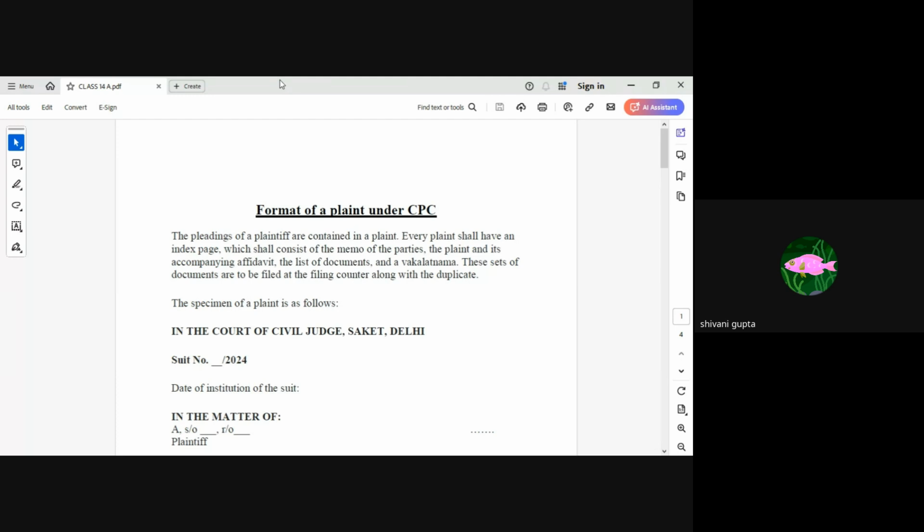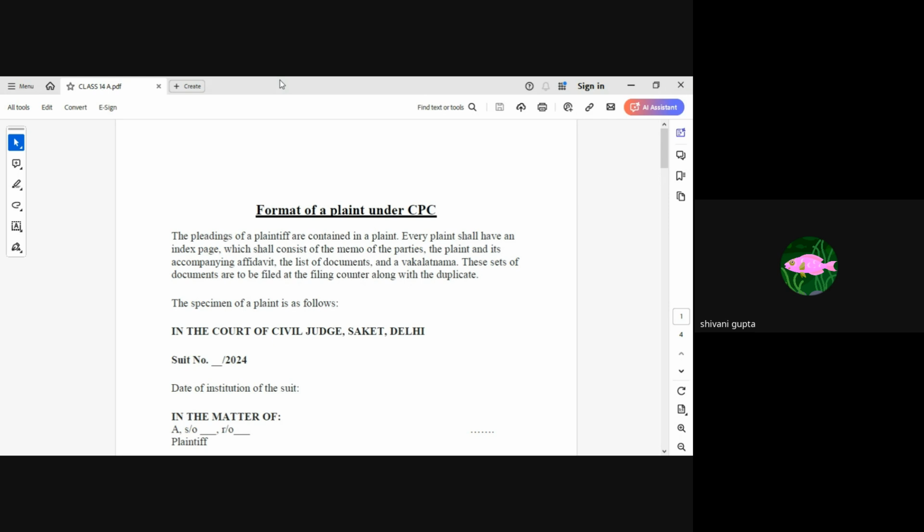Yes, Ravi. Anyone have any question? Madam, please tell me what is the time limit for filing the contempt in the Supreme Court after the date of disposal in the High Court? Please go through the schedule of the Limitation Act, because as per the nature of the suit, only then can we decide what the time limit is, and that is given under the Limitation Act, Naginder.